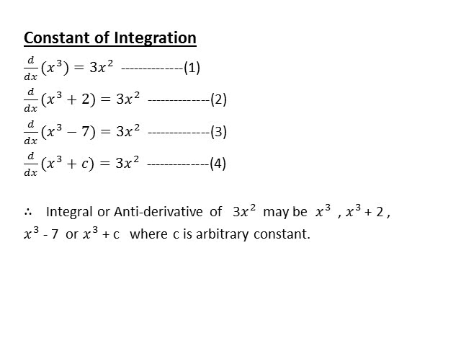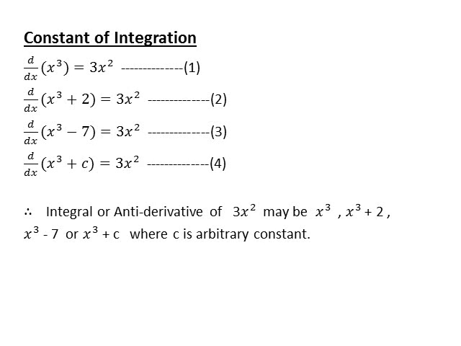Therefore, the integral or antiderivative of 3x square may be x cube plus 2, x cube minus 7, or x cube plus c, where c is an arbitrary constant. So, in general, we write the integral of 3x square as x cube plus c.